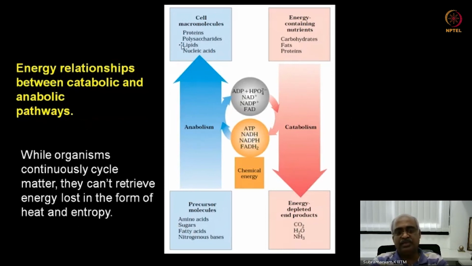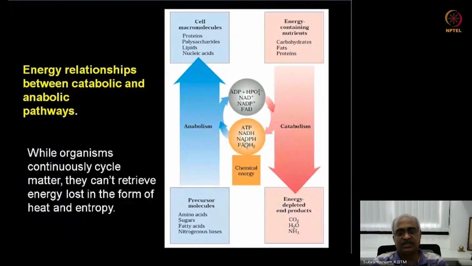Now, when these are being broken down by, for example, the glucose breakdown in mitochondria, then these molecules are reduced, and that is how the chemical energy from this is transferred and temporarily stored here. And then you have energy depleted molecules into the atmosphere.